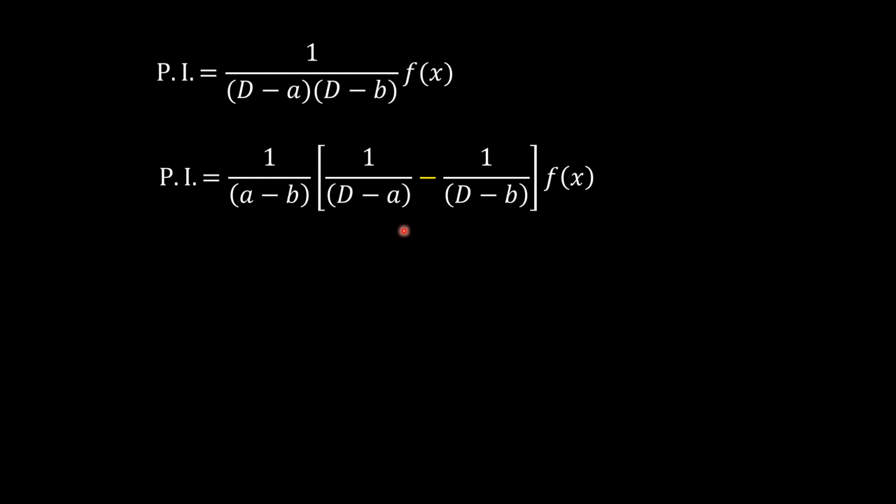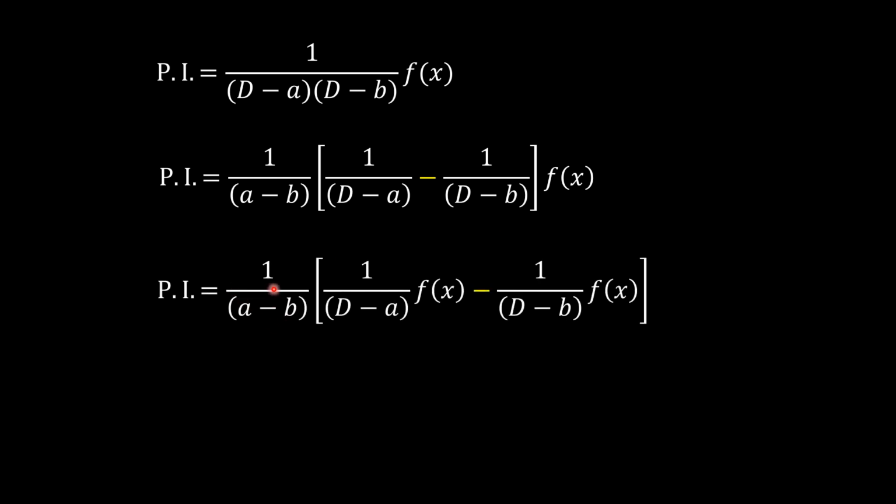So these are the partial fractions for the given term 1 upon (D minus a)(D minus b). Now operate these operators on f of x simultaneously like this. So 1 upon (a minus b) into [1 upon (D minus a) of f of x minus 1 upon (D minus b) of f of x].